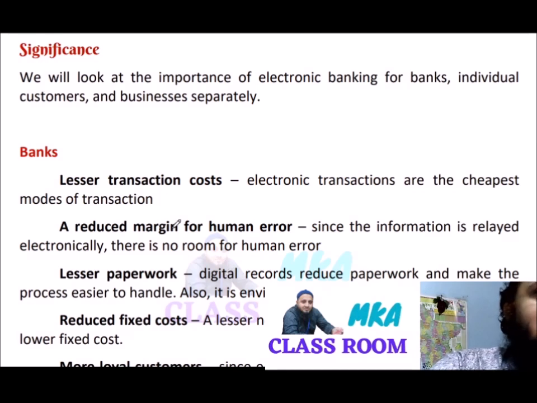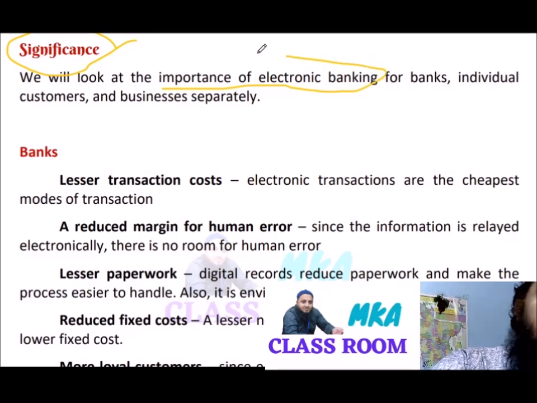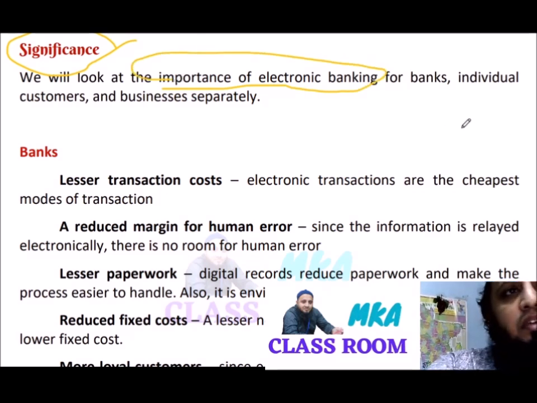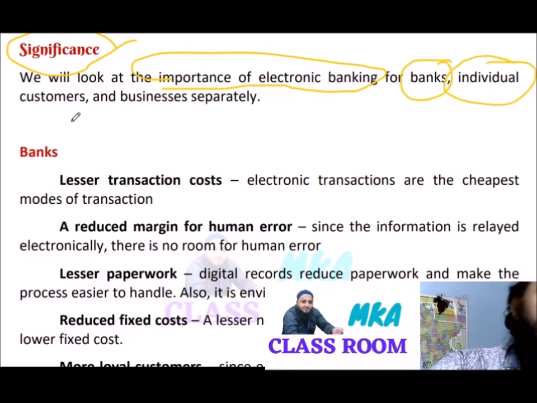Now we will discuss the significance of electronic banking, or you can call it the importance of electronic banking. This importance can be broken down into importance for banks, importance for individuals, and importance for business.